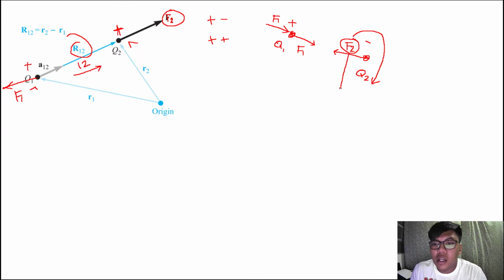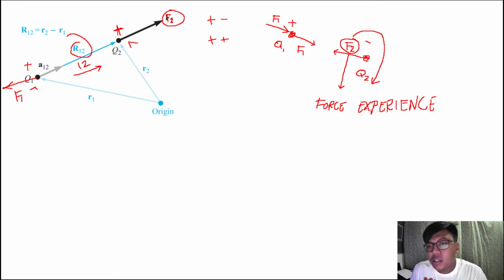Ibig sabihin ng force na yan, that is the force experienced by, for example, F sub 2. That is the force experienced by charge number 2, no? Hindi yan yung force na in-exert ni charge 2. Iba yun. No? Hindi siya mag-exert ng force sa sarili niya. Okay? Yung force na na-experience ni Q2 is due to Q1.